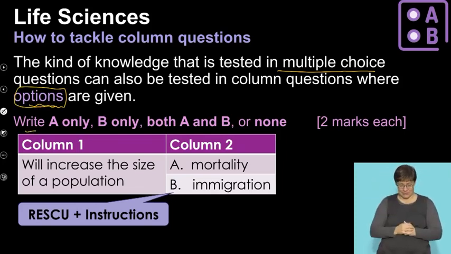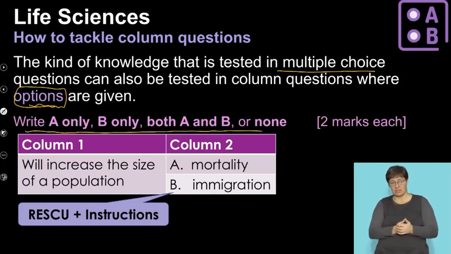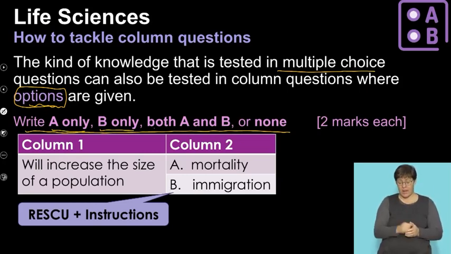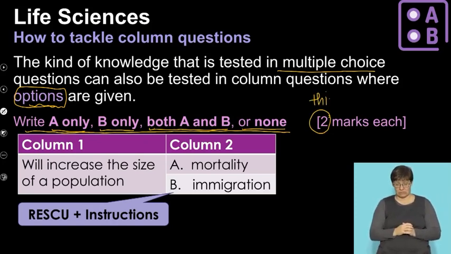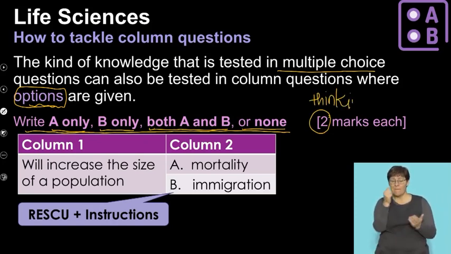Your instruction will be write A only, B only, both A and B, or none. And notice you're given 2 marks, which means that there is thinking involved.